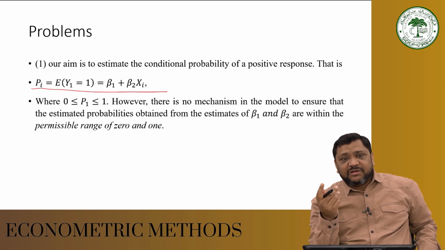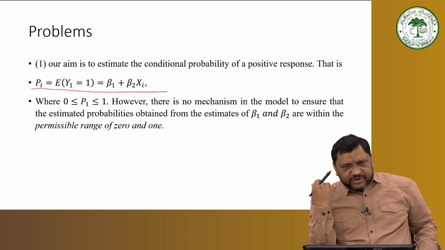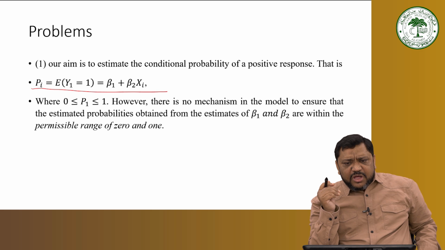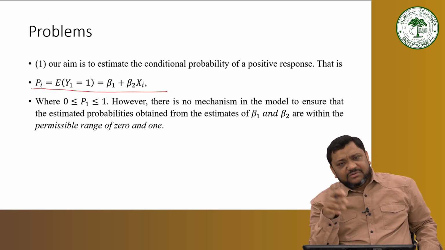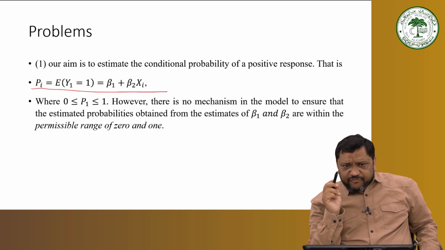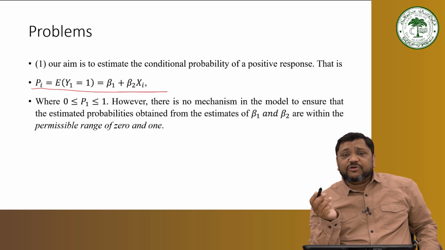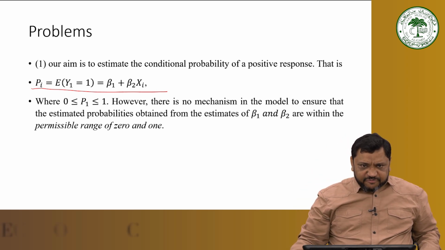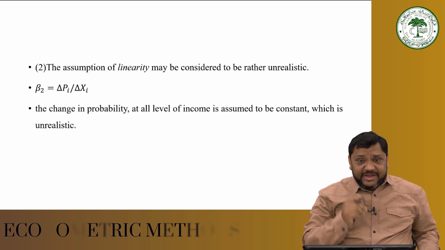It may fall between 0 and 1 merely by chance, but there is a full-fledged probability that the values may go beyond 0 and 1. So, if not, then we need to use alternate methods like logit, a very popular method like logistic regression, where this y hat will fall, whatever you do, between 0 and 1. So, this is the major criticism of this model. Then linearity.